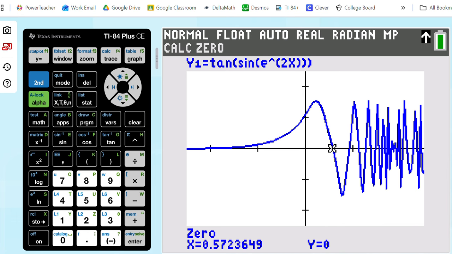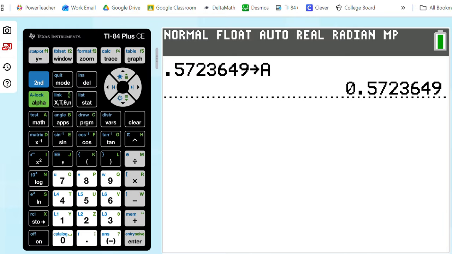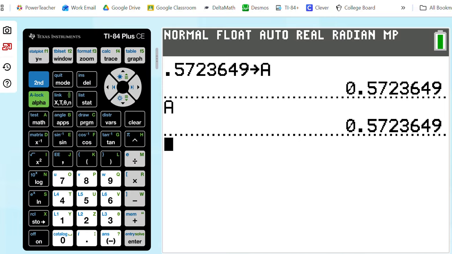I can type in that number, which I've now forgotten what it was. I believe it was 0.5723649, yeah. And I can hit the STO arrow button in the bottom left corner, and if I hit alpha and then A, it'll store that as A. So I don't have to keep typing that number over and over again.